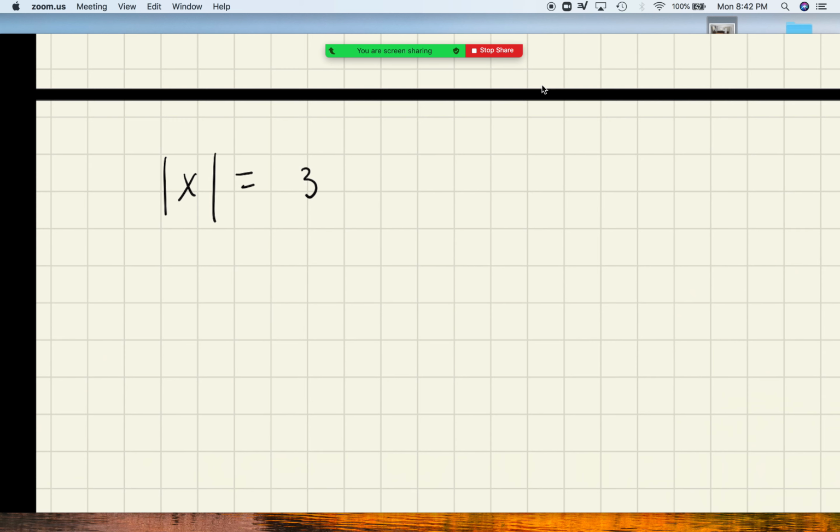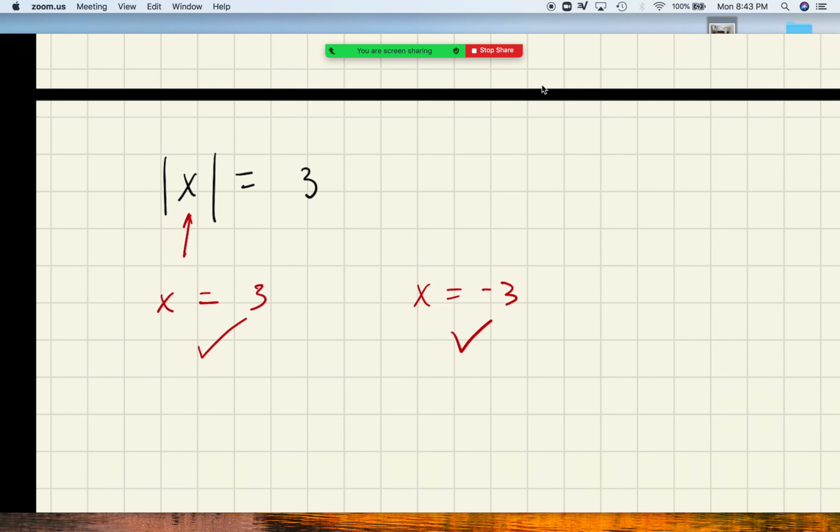First, copy it down without absolute values: x equals 3. That's one answer. Then copy it down, but change the sign of this: x equals -3. That's the other answer. We're just flipping that sign.